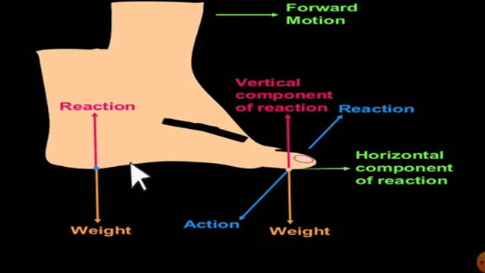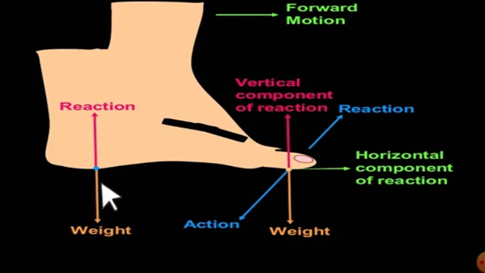Now you can see some other examples also. Here, while walking, our heel will balance our body. The weight of the body will be vertically downward, and the reaction will be in the upward direction. That means the force that is acting by our body onto the earth will be the action, and that force we call our own weight, right?